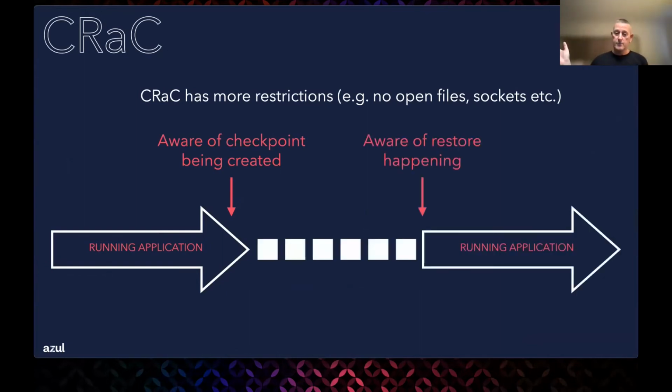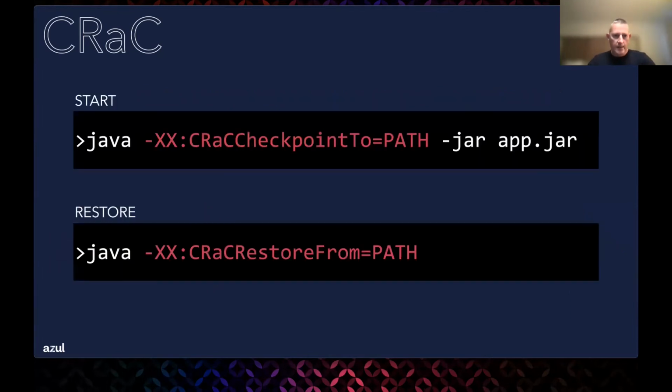And then the next time when the application and the JVM is restored from the checkpoint, again, we let the application know that, hello, you have been restored from a checkpoint, then you can take care about re-establishing the database connection or re-establishing the open file that you need to write or read from. So this kind of stuff, that's the main idea. So these are the restrictions compared to the plain CRIU approach. So that's what I meant, but we have the coordinated restore at checkpoint.